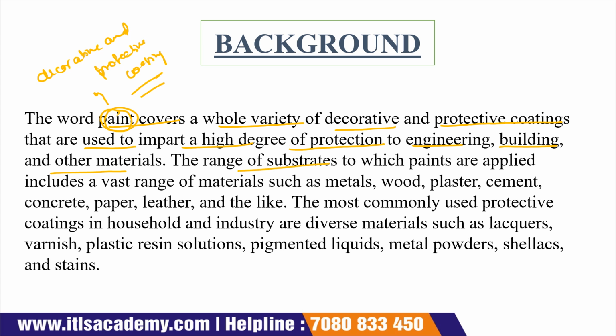The range of substrates to which paints are applied includes a vast range of materials, that is metal, wood, plaster, cement, concrete, paper, leather and the like. So there are a variety of substrates on which we apply paint, sometimes for decoration and sometimes for protection.